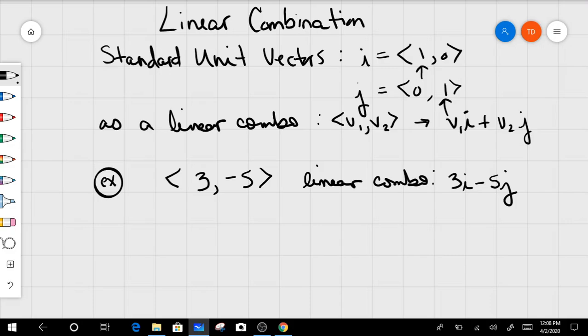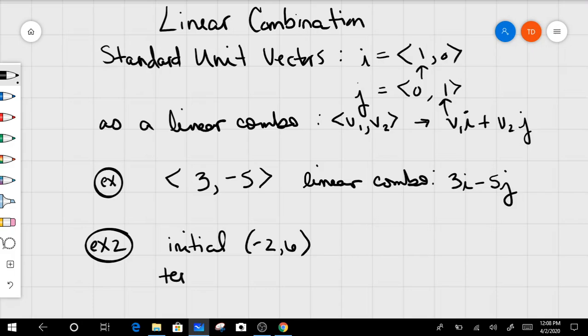So if you're given an initial point and a terminal point, how would I turn around and write the beginning and ending in a linear combination? So if your initial point is -2, 6, and your terminal point is -8, 3.